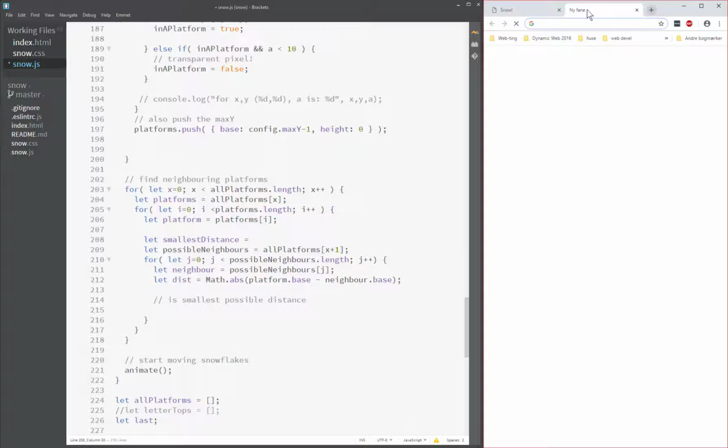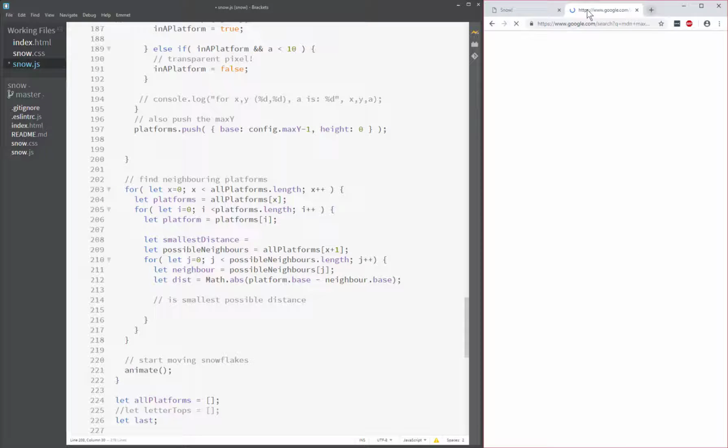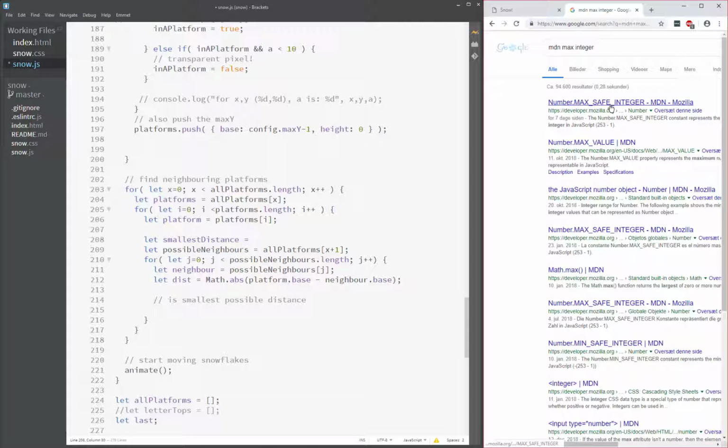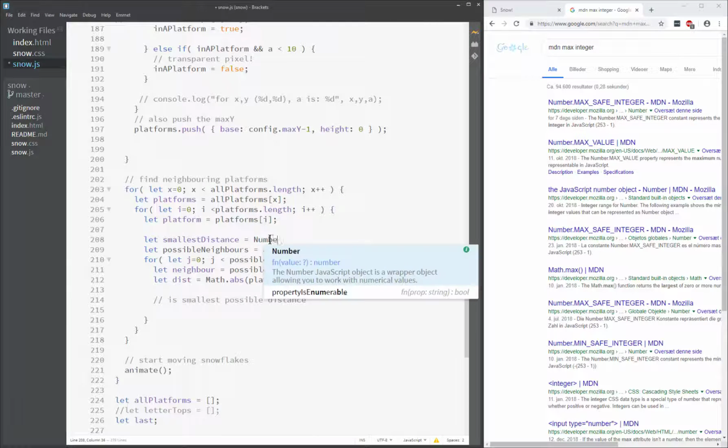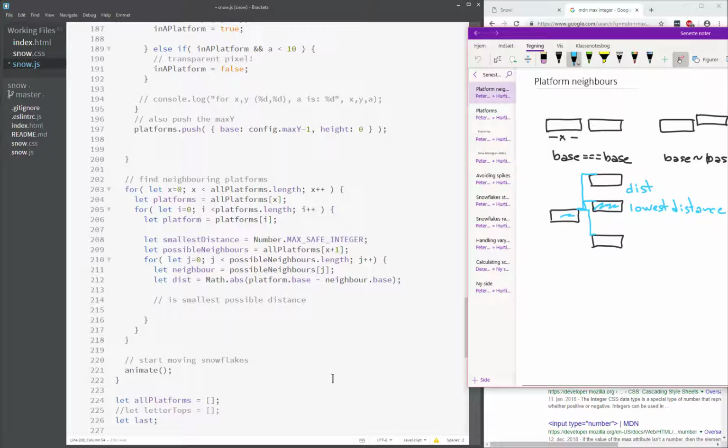I think there's something on MDN, max integer. The largest number, max safe integer. Yeah, that's the largest number there is. So no distance can be greater. I know it's insanely large, but let's just try that.